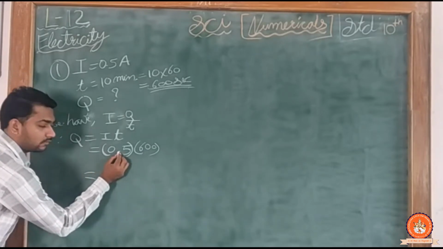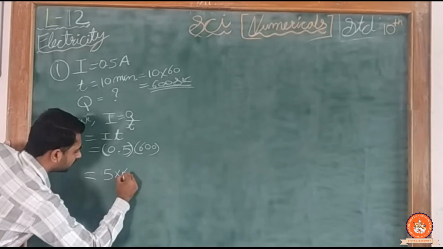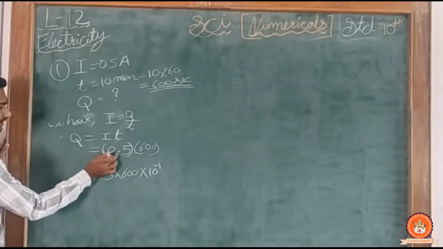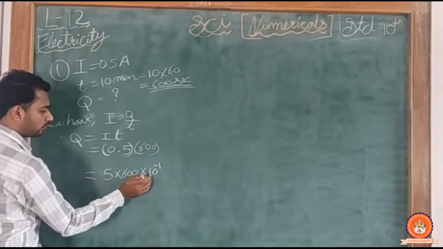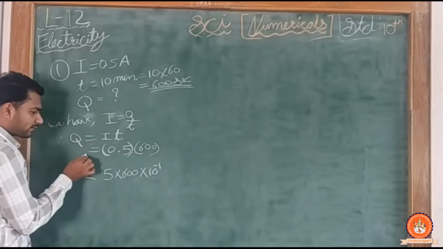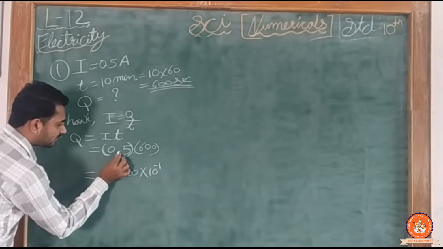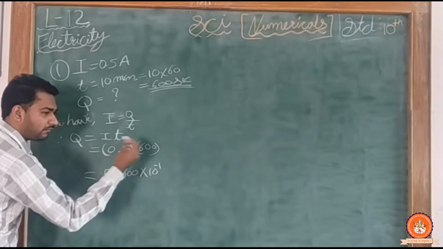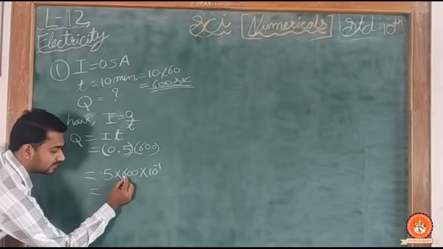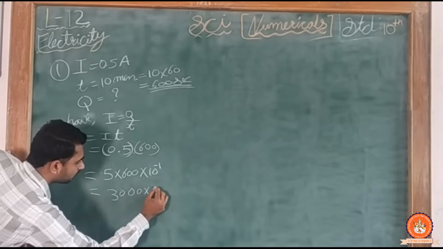Taking this 0 here, it becomes 5 into 600 multiplied by 10 raised to minus 1. When the decimal goes to the right side, you have to write 10 raised to minus 1. When the decimal goes to the left side, we write 10 raised to plus 1. Clear? Here I am taking the decimal on the right side of the 5, that means it becomes minus 1. So 5 into 600: 6 fives are 30, and two 0s, multiplied by 10 raised to minus 1.